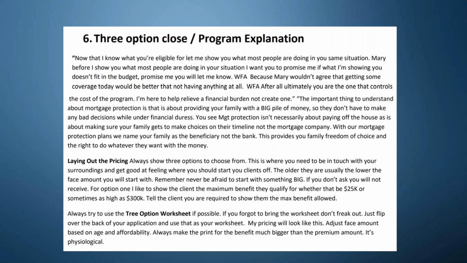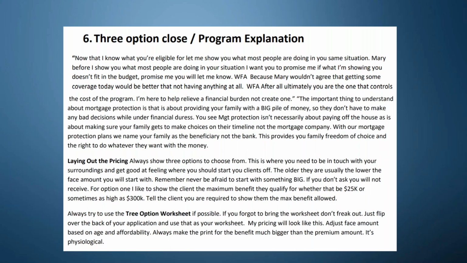And with our mortgage protection products, we're going to name your family as the beneficiary, not the bank. And this is going to provide your family with the freedom of choice and the right to do whatever they want to with the money. Maybe staying in the house is not the right choice. Maybe you guys decide to sell the house, maybe rent for a while, decide what you're going to do. That's why we want to put you in total control.